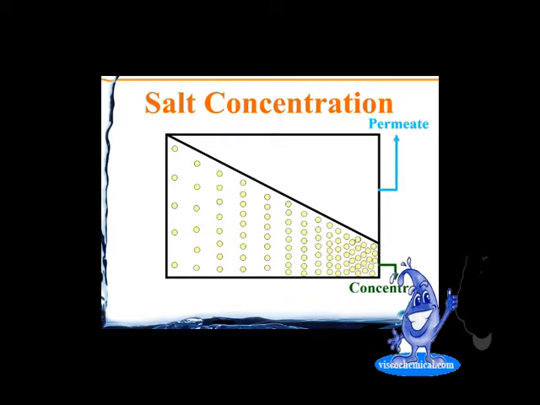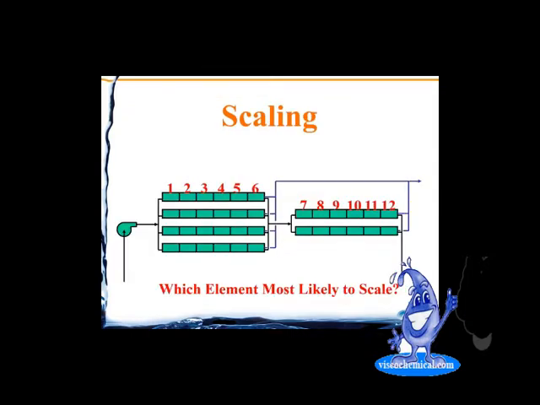The dissolved substances can't go through, at least not very readily. So that means the water molecules go through, the dissolved substances don't. So we concentrate every inch or centimeter of the way, from the first inch or centimeter to the last. So we're concentrating that feed water, and every inch or centimeter of the way, the scaling potential is going to increase. So based on scaling being due to concentration, which one of these elements would be most likely to scale?